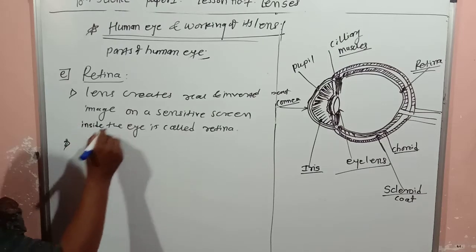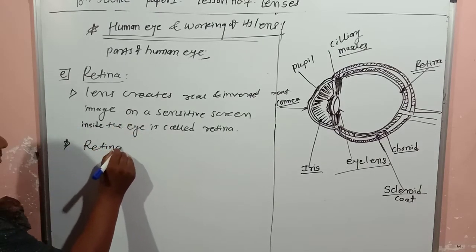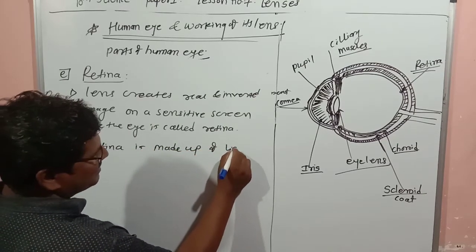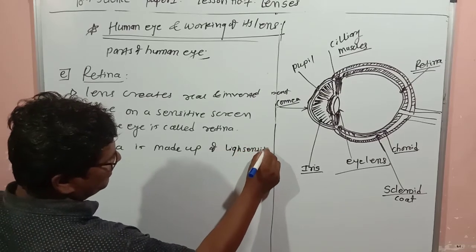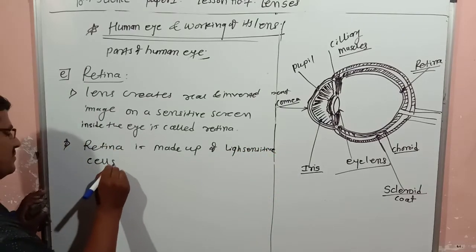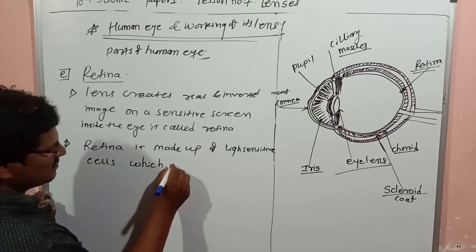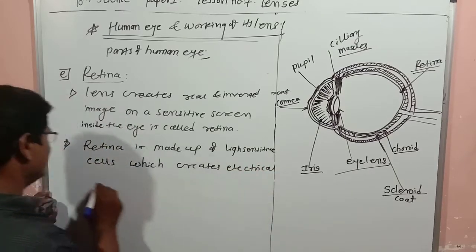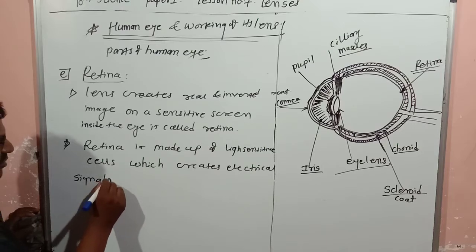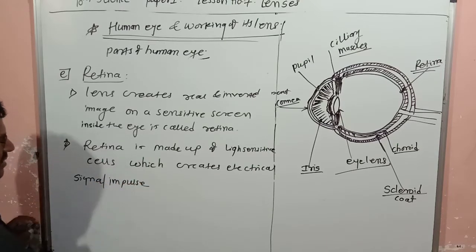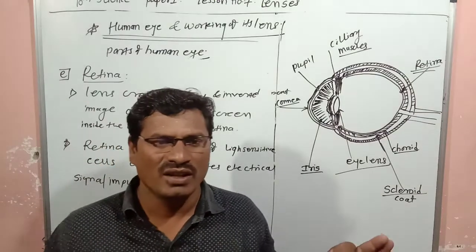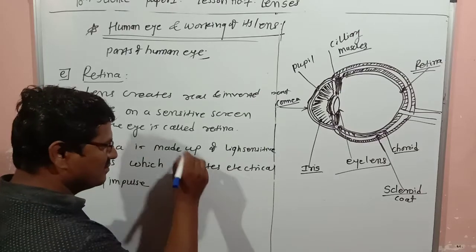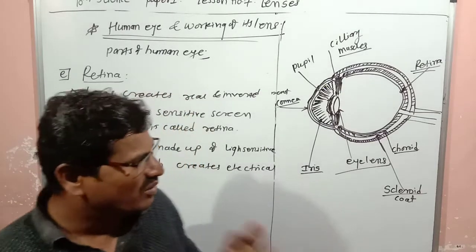So the retina is made up of light sensitive cells which create electrical signals, or you can say impulses. And that generated electrical signal or impulse is carried to the brain with the help of optic nerves.